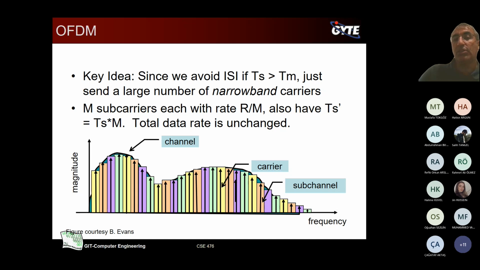That's why each is going to have a rate of R over M. So that's why my symbol duration is going to be TS times M, as if I am increasing my symbol duration to M symbol durations. That's why I'm satisfying TS greater than TM, and then I reduce the effect of the ISI.